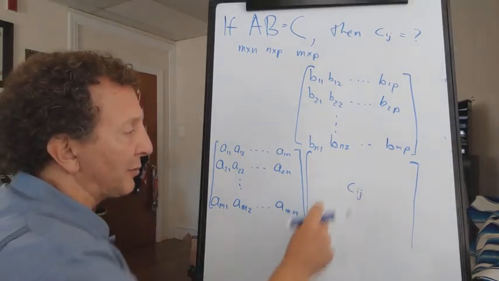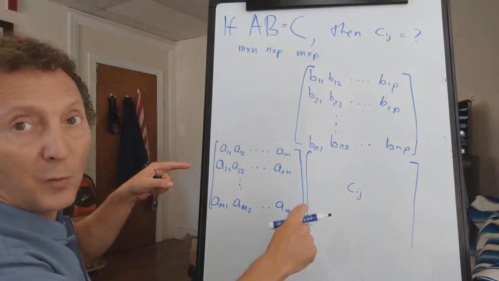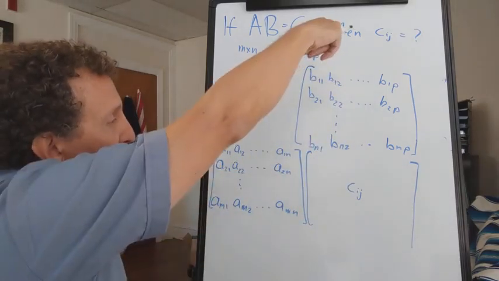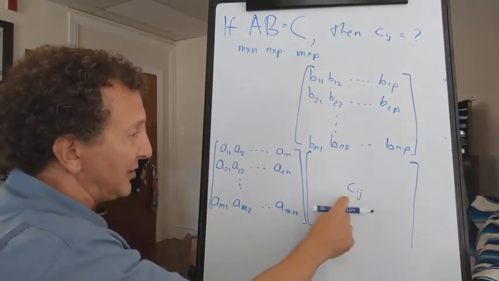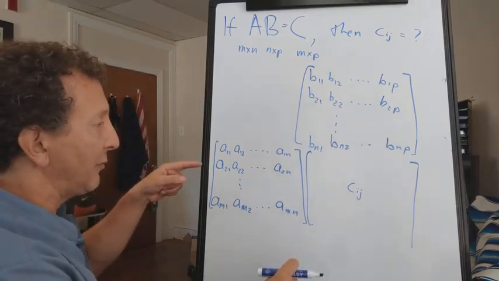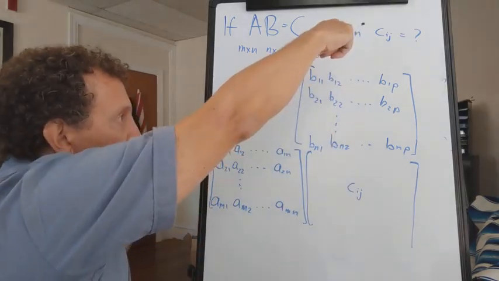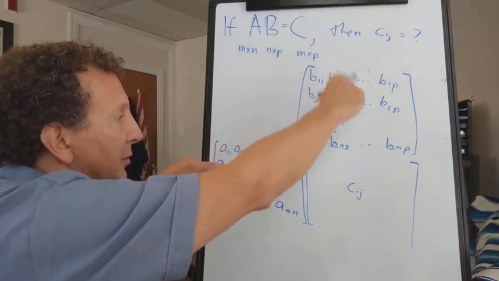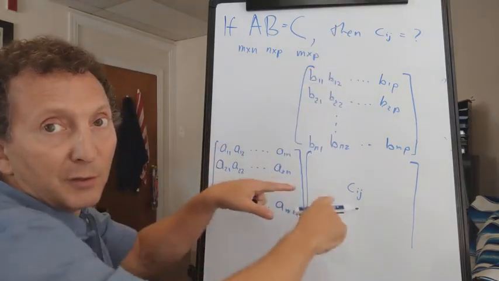Well, every entry in the product matrix comes from looking at one row of A and one column of B. The ij entry is going to come from looking at the ith row of A and the jth column of B. Remember, we go multiply, multiply, multiply, etc., and add the products together.